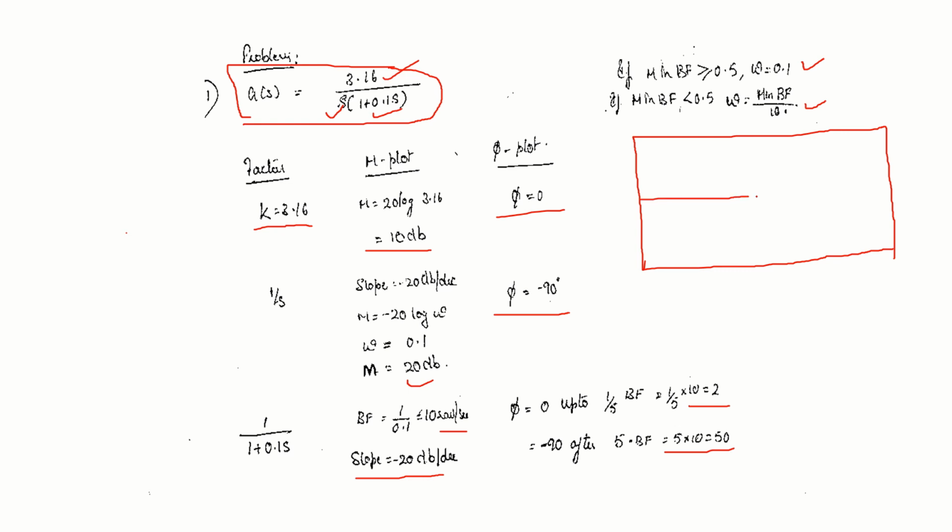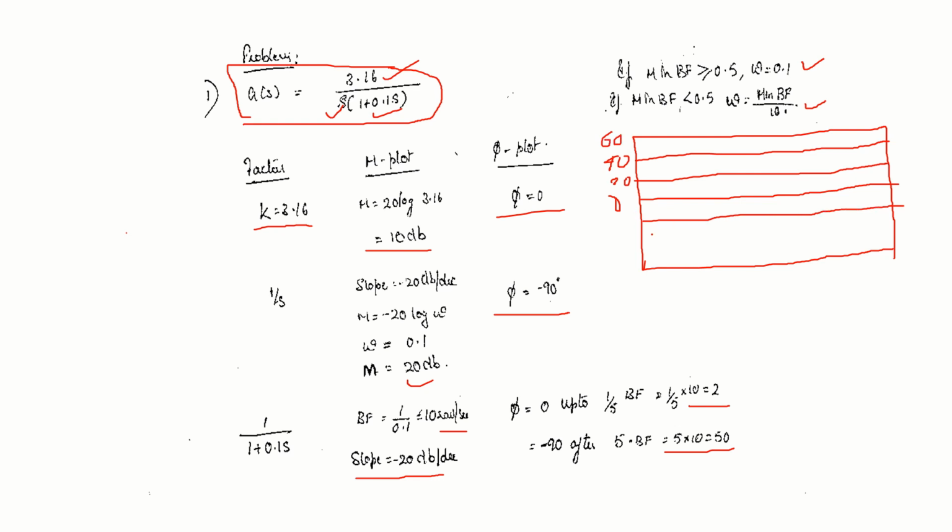This is your 0 decibel line, 20, say 40, this is 20, this is 40, this is 60, say minus 20, minus 40, minus 60, like this.